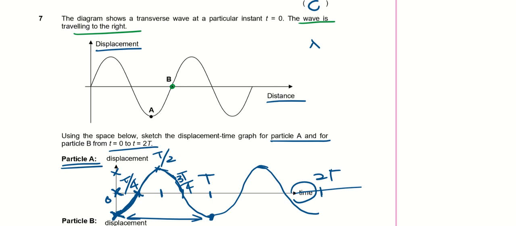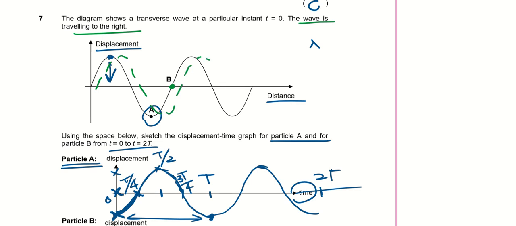If it's at the lowest position, the next step is to go up. If it's at the highest position, the next action is to go down. But for those in the center, like B, we wouldn't know whether they are going up or down. So that's where we need to draw our next wave.